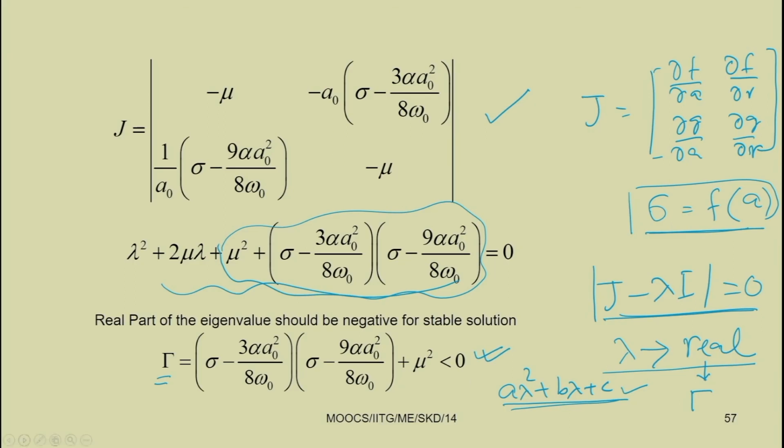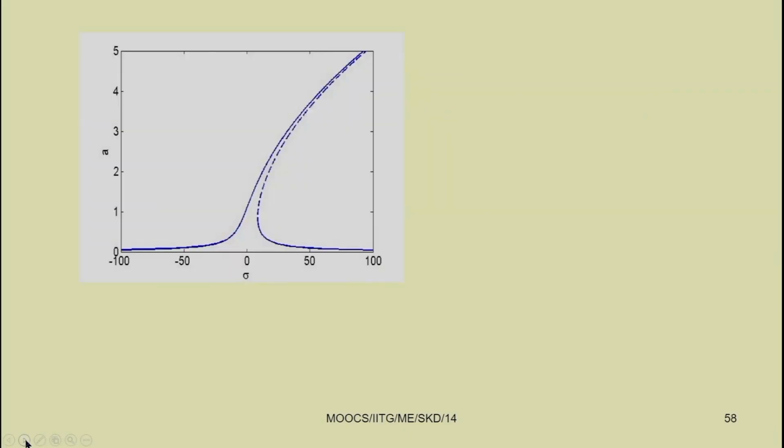If this real part is greater than 0, then the response is unstable. So, by plotting the stable part with a solid line, you can plot in color also, and a dotted line for the unstable solution.